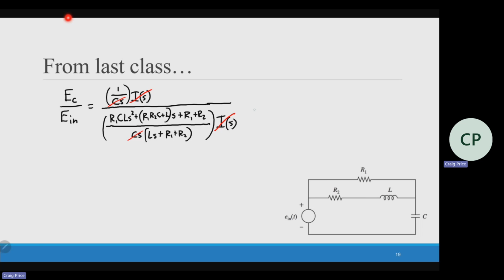So what's going to happen is that the transfer function, this bottom portion, the denominator, is going to swing up to the top.